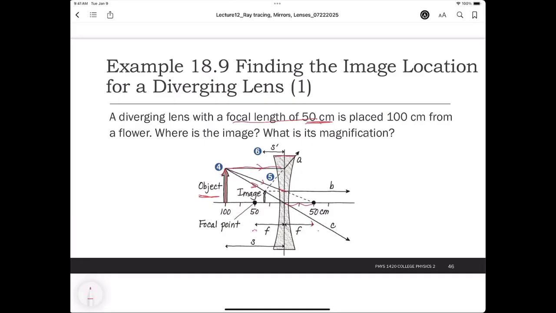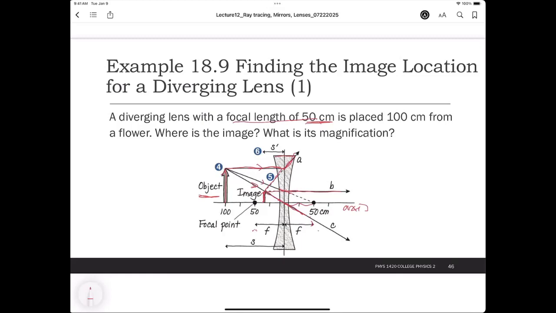This one should be parallel to the axis after the lens, this one just goes straight, and this one is parallel and then diverges. But if you trace those three rays backward, they will converge to this side. This is the image, the virtual image. It will be here.